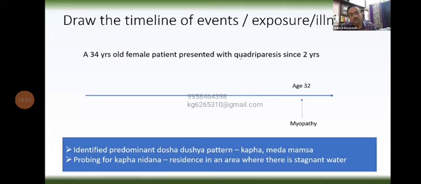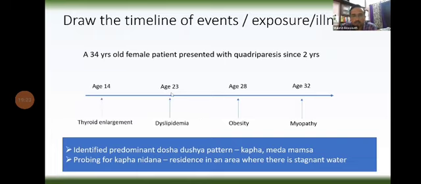So this is an example. Here, a 34-year-old female patient with quadriparesis since 2 years. The patient presented to us with myopathy at the age of 32. Now, when we took the history, you look at the timeline. Age 28, the patient had obesity. Age 23, the patient developed dyslipidemia. And age 14, the patient had thyroid enlargement.